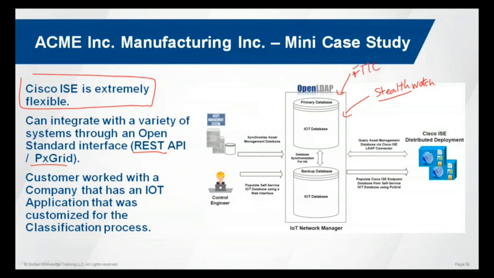I can integrate all these with ICE or any other SIEM for that matter, using PXGrid. PXGrid is the feature that allows you to integrate ICE with many other systems out there. They don't necessarily need to be Cisco. Cisco is working with many different organizations to allow you to integrate with any platform.